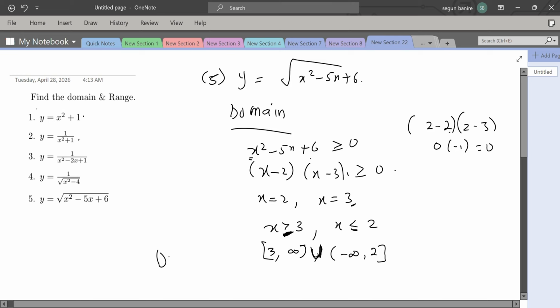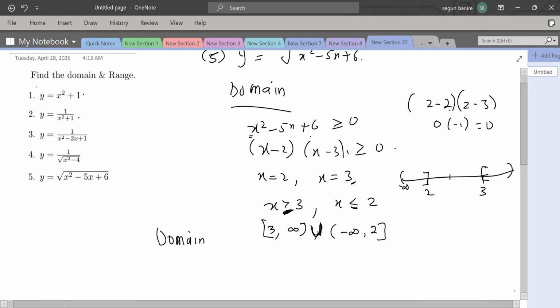So this is your domain. You have the real line, you have 2, you have 3. One is going this way, s is less than 2, going this way. The other one is greater, so it's going this way. So it is the union of both that would form the domain.